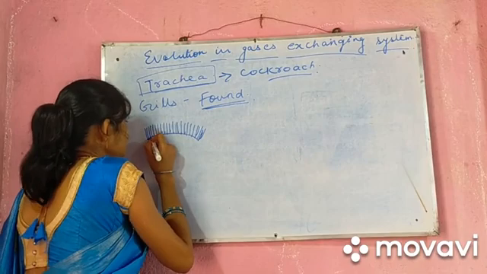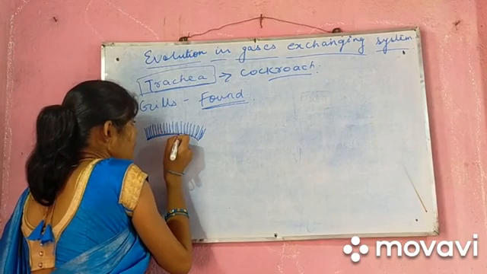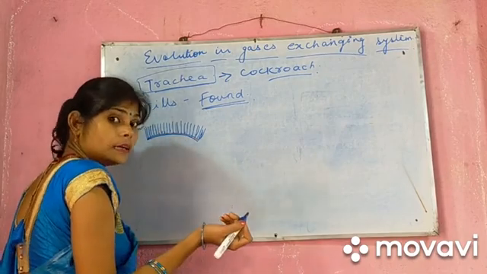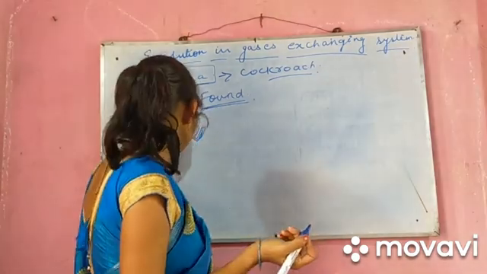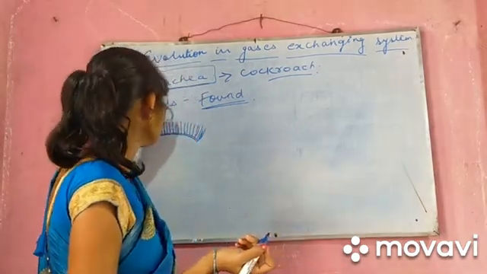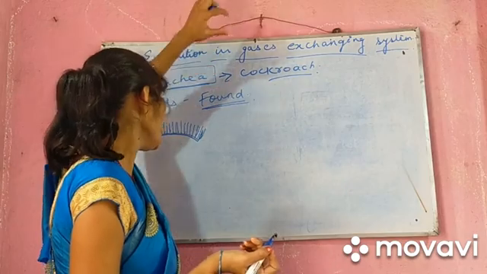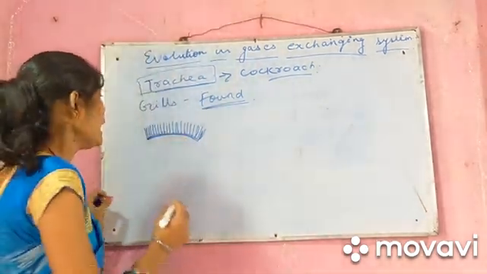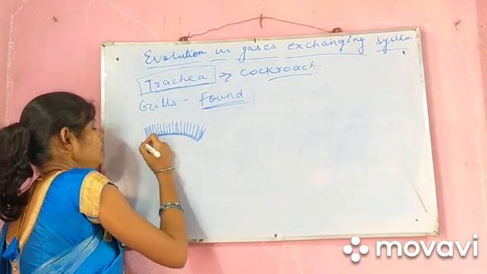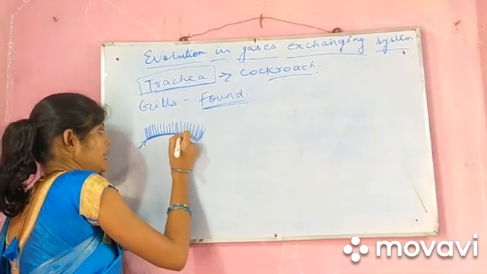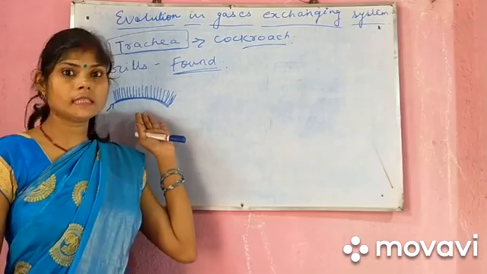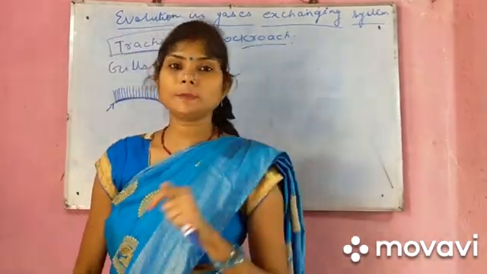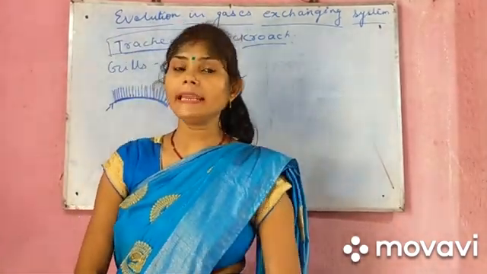This is lined by fine blood capillaries. These gills, this hair-like structure, absorb the oxygen from the water, and blood is supplied through these blood capillaries. Gills are the respiratory organ in many aquatic animals.